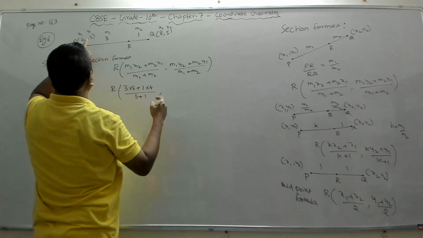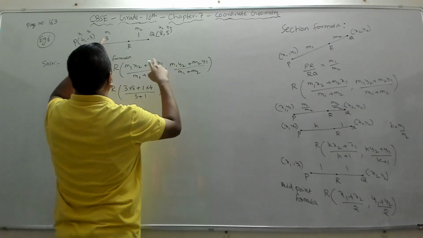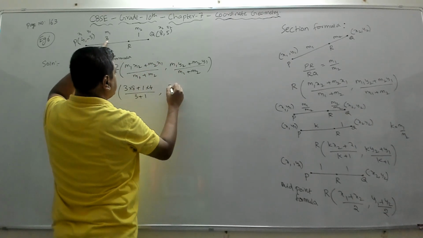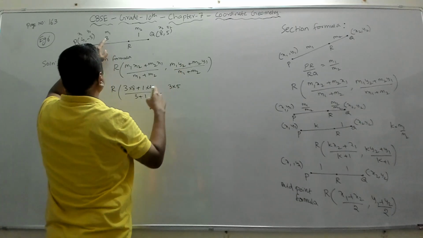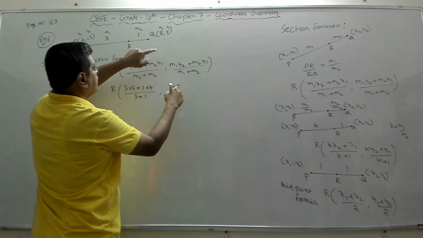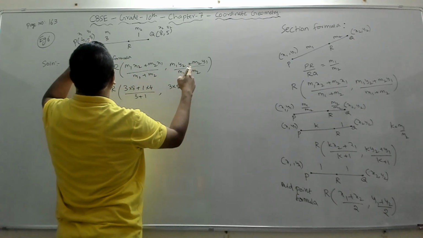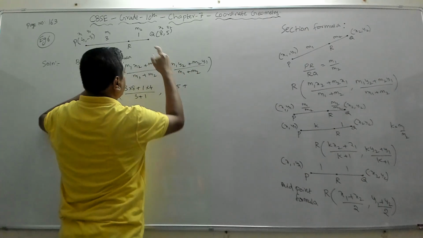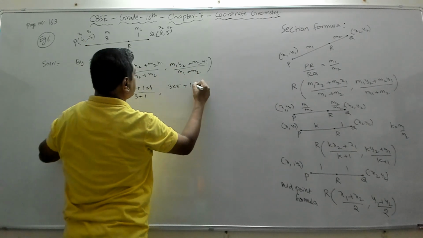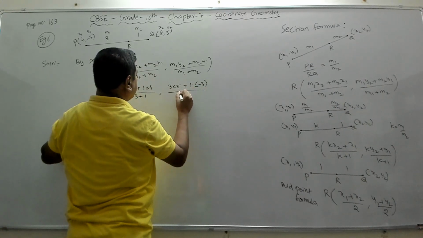Comma. Then m1 y2: m1 is 3 into y2 which is 5, plus m2 which is 1 into y1 which is minus 3, by m1 plus m2.